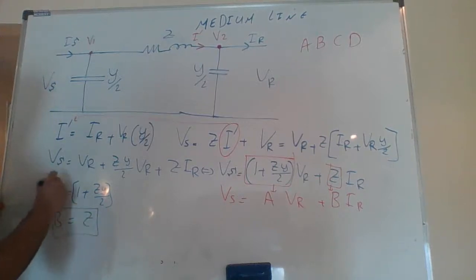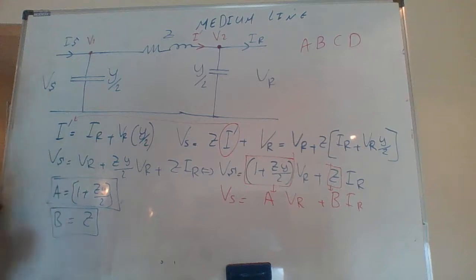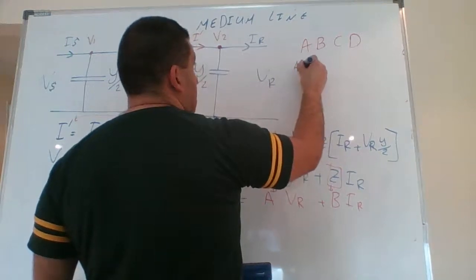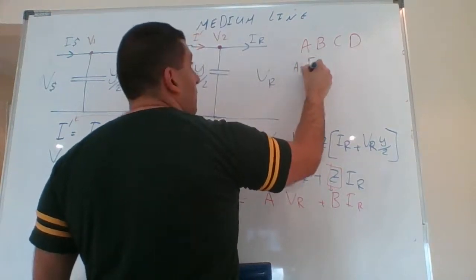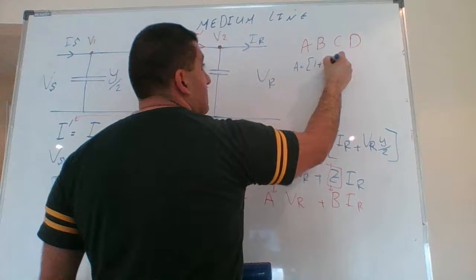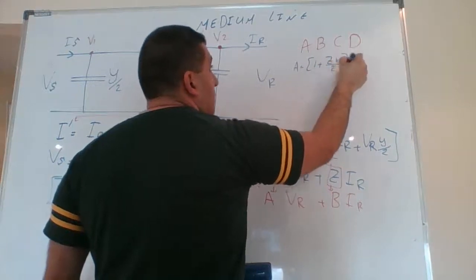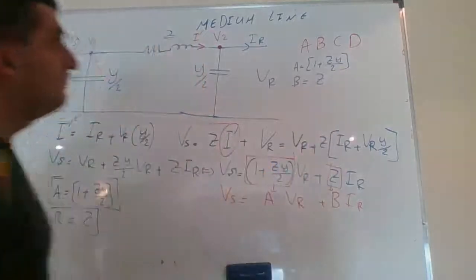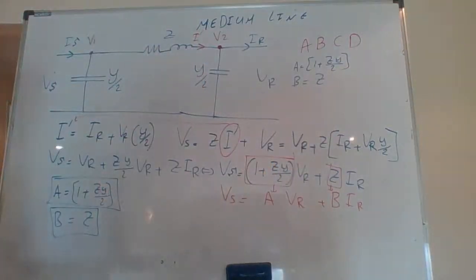This is A and B out of the A, B, C, D. Let's write them over here to keep them. A is equal to 1 plus ZY over 2. B is equal to Z. Is that clear?